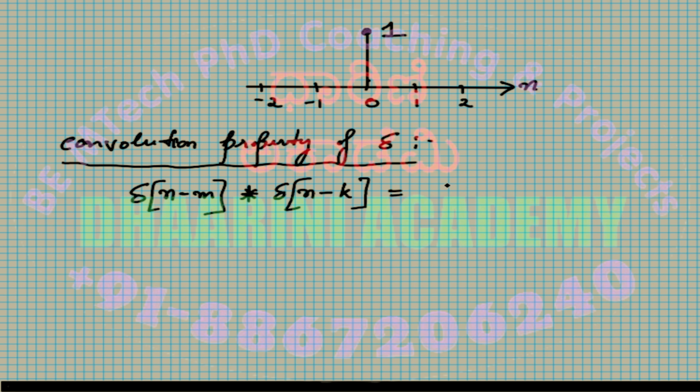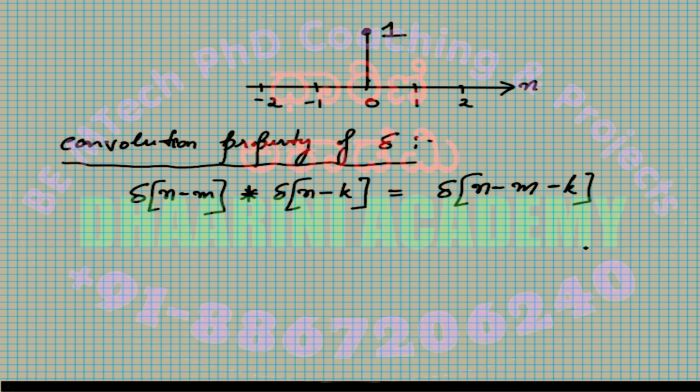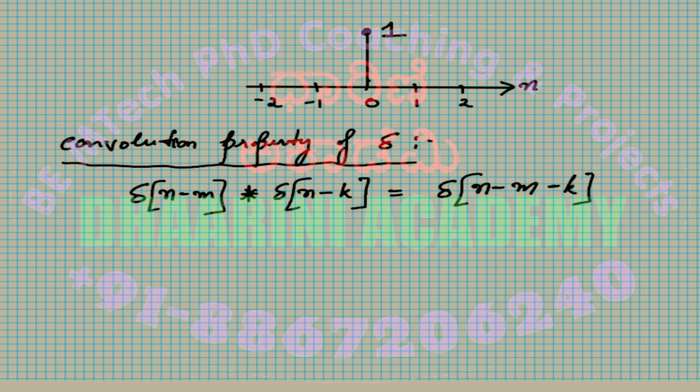This can be replaced simply by delta of n minus m minus k. This is the straightforward result. We are going to use this to get the result of the convolution. There are many properties of the delta function, but since our intention is just to look at the whole concept of convolution, we are not going to look at anything other than this. Only one property will remain.